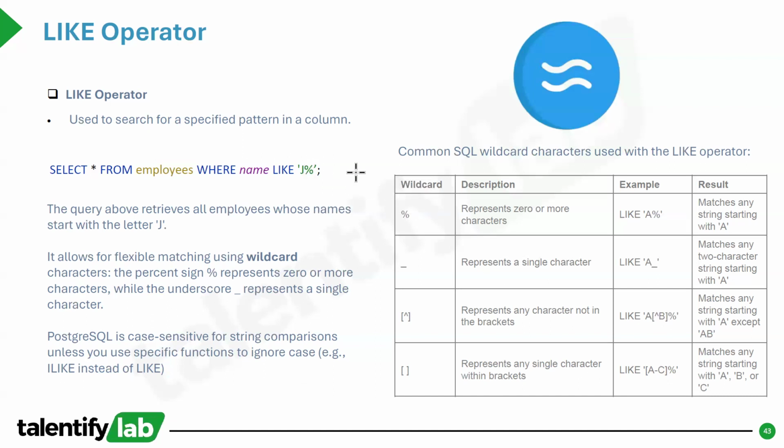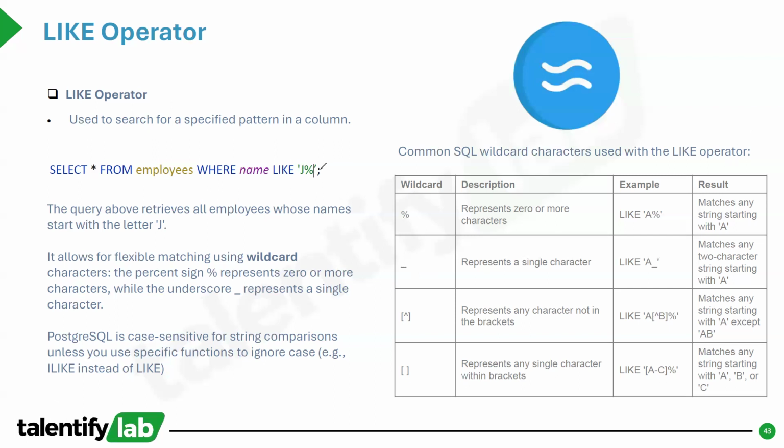For example, in table, if we have just J, it will be retrieved. If we have Jack, it will also be retrieved. If we have Jane, Jane will be also retrieved. This percentage sign means 0 or more characters.